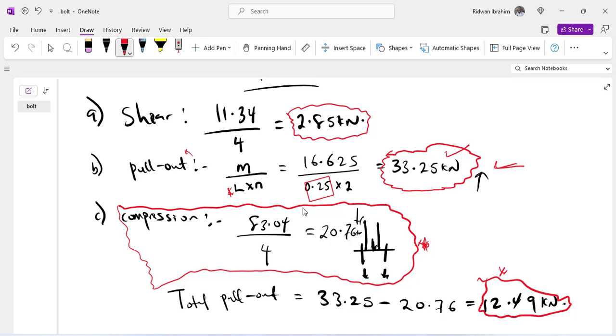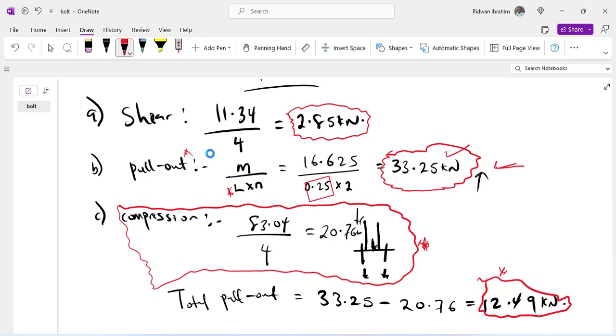So when this is small, this will be big. And when your pullout force is very big, then it might be greater than your capacity, so that can make your bolt fail. That tells you how important the spacing between the bolts is.